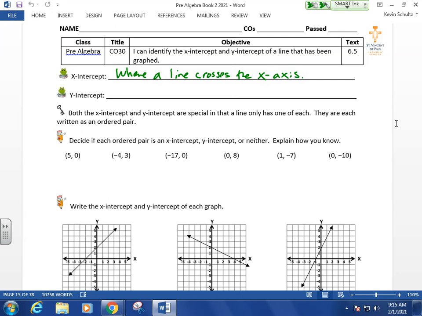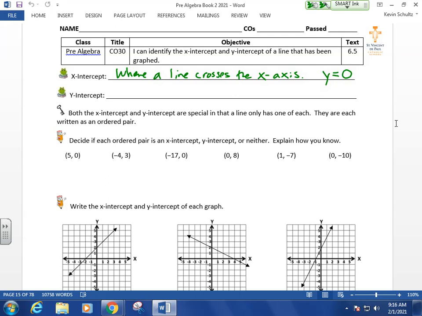And the thing about an X-intercept, because you're on the x-axis, is that the y-coordinate of the X-intercept will always be 0, because you haven't moved up or down on the y-axis at all. If you're on the x-axis, that horizontal line of the coordinate plane, y will always be 0.